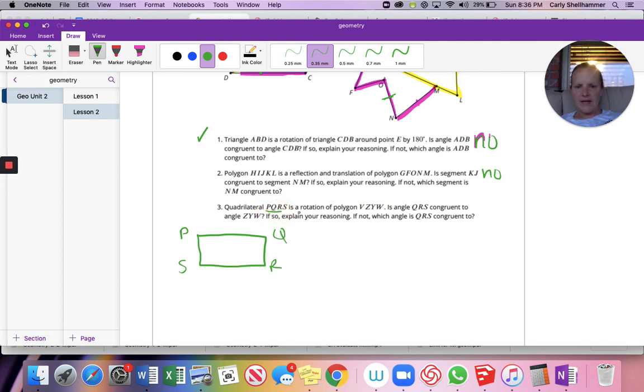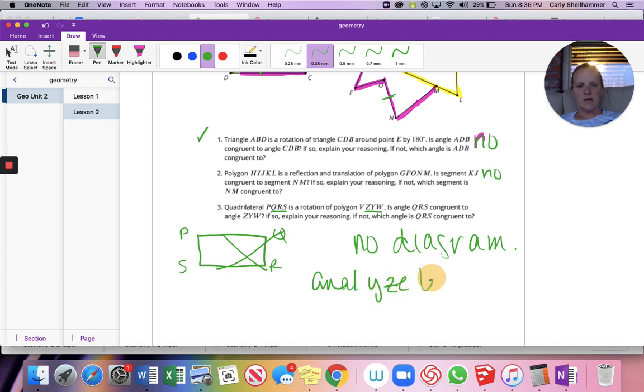Is angle QRS congruent to angle ZYW? Actually, yes, even without a diagram, we can just look at the letters. Analyze the letters and their order.